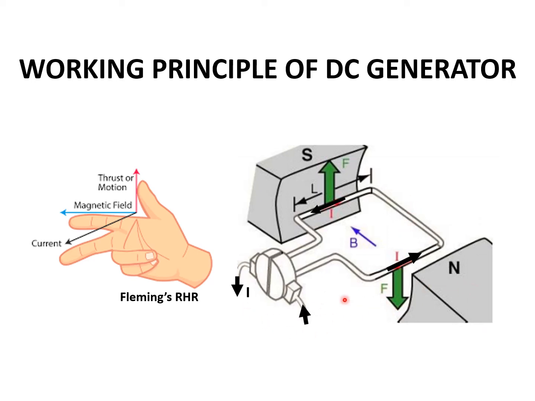So this is a one-turn coil, with two conductors, one conductor and the other conductor. One turn coil means two conductors, and the flux is flowing from north to south.